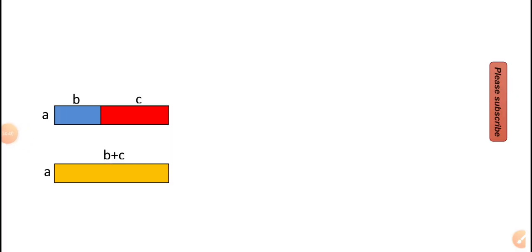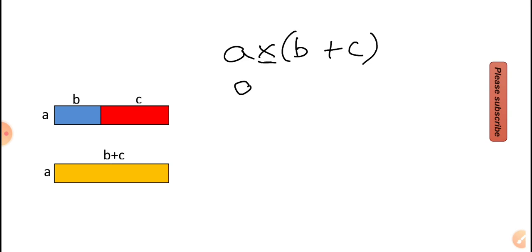So this time round, to work out the area of the whole rectangle, we'll have to do A times, and then in the bracket B plus C. And remember I said we don't really need the times sign there, so really we should be writing it like this, A times B plus C. So what's A times B?